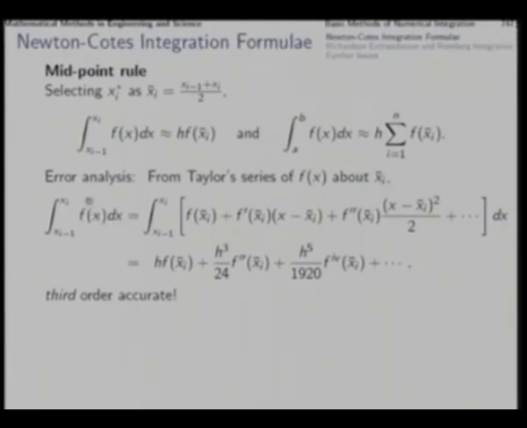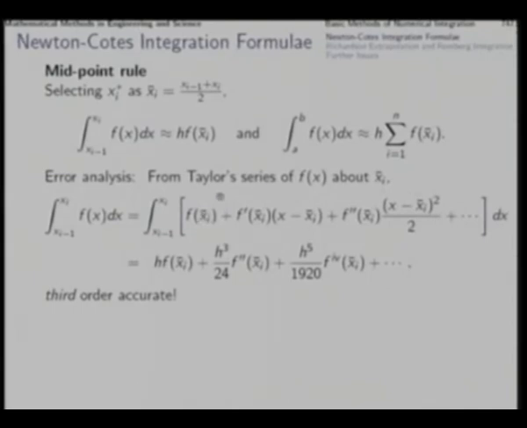Then the Taylor series of f(x) around this midpoint is f at the midpoint plus f prime at the midpoint into x minus midpoint plus second derivative into delta x square by 2 and so on, right. So, this is the Taylor series of f(x) around x_i bar, the midpoint.